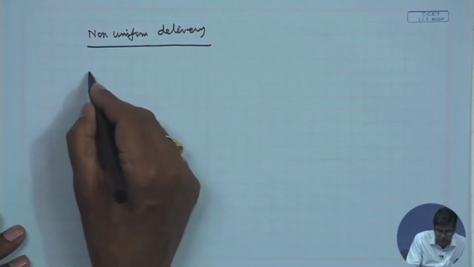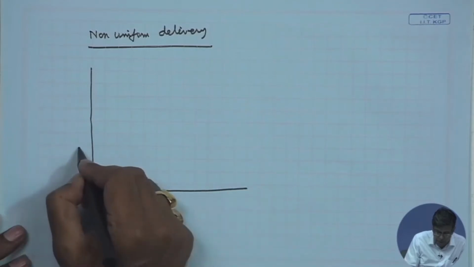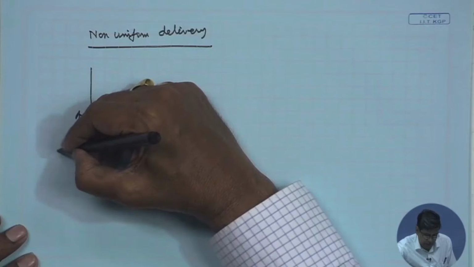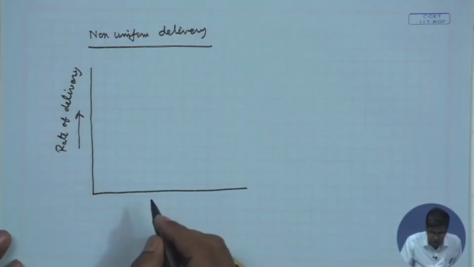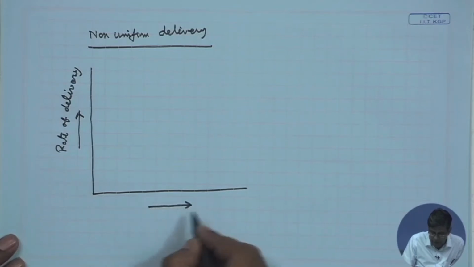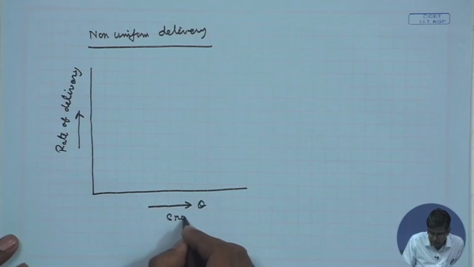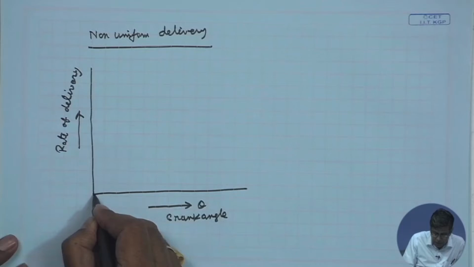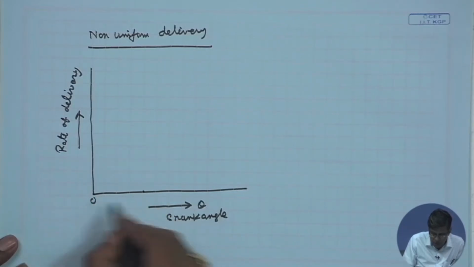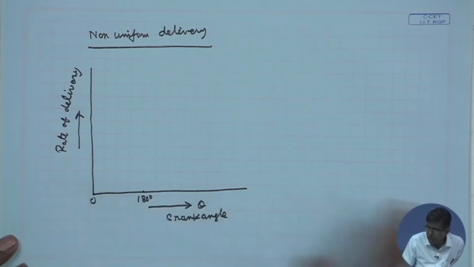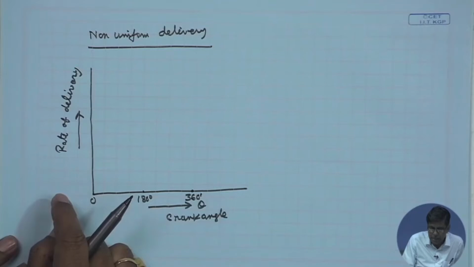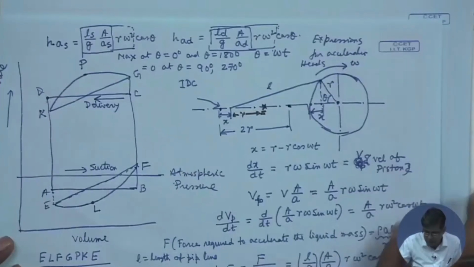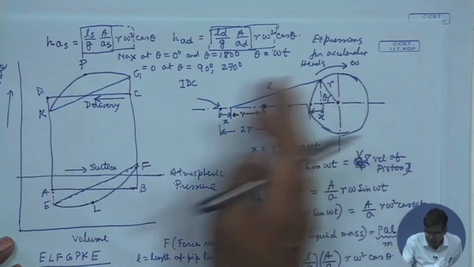Why? Because if we show the rate of delivery with the crank angle theta, we see from 0 to 180 degree is the suction stroke, from the inner to the outer end, and from 180 degree to 360 degree is the delivery stroke. So, 0 to 180 is suction, 180 to 360 is delivery.